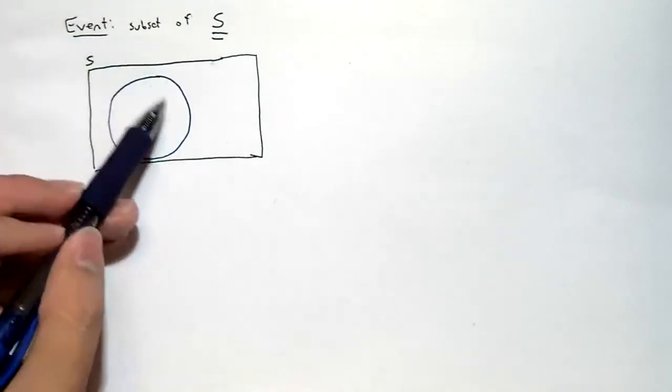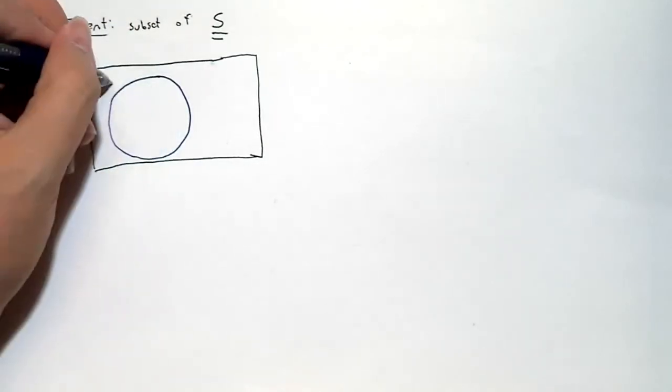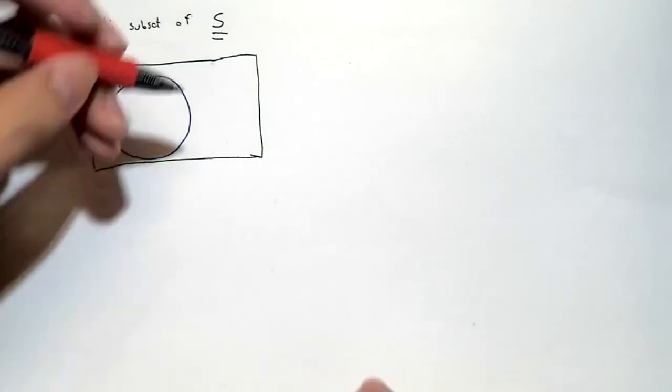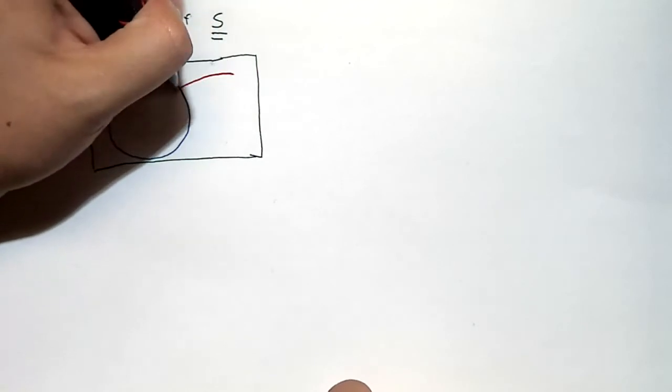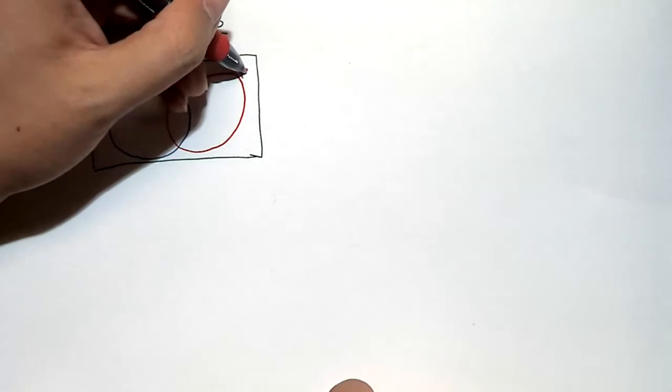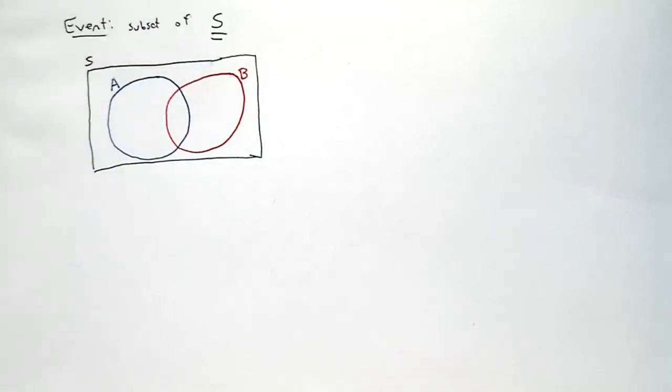In other words, all the outcomes inside this blue circle are going to be part of my event that I'm going to call A. I can create another event with other outcomes. Let's say that all the outcomes inside this red circle are part of my event B. I made sure that those circles intersected on purpose, because now we're going to learn a little bit about the unions, intersections and complements of these events.